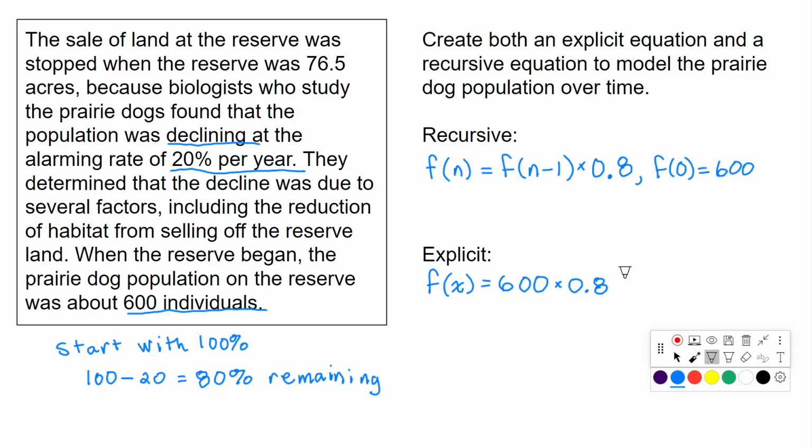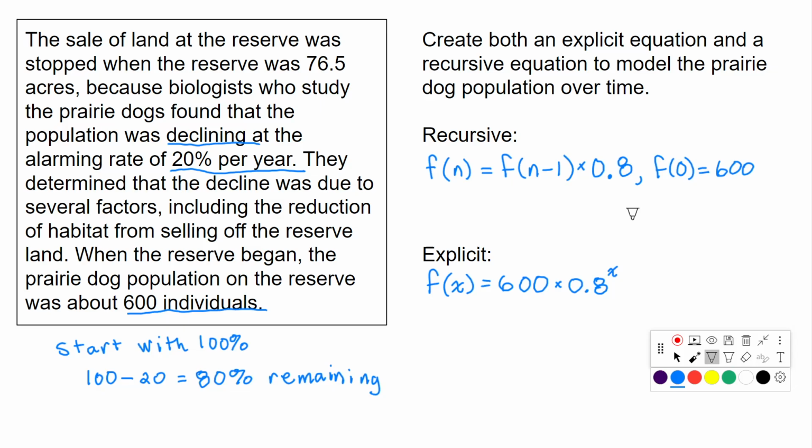And because it's geometric, that means the explicit will have an exponent. And in this case, the exponent is x, because we are starting at f of 0. Remember, when you start at f of 1, this exponent would become x minus 1. If we were to start with something like f of 2, this exponent would be x minus 2. So this is an example of one where we have some decline.